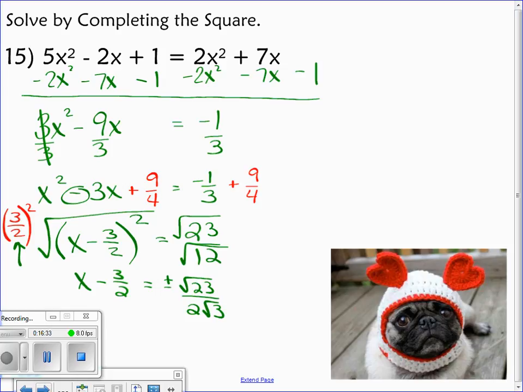A lot of you are like, wait, I can't do it. You're right, you can't do that. You have to get rid of that radical 3. So top and bottom by radical 3. x minus 3 over 2 equals plus or minus radical 69 over, it'd be 6, because radical 3 times radical 3 is 3, times 2 is 6.